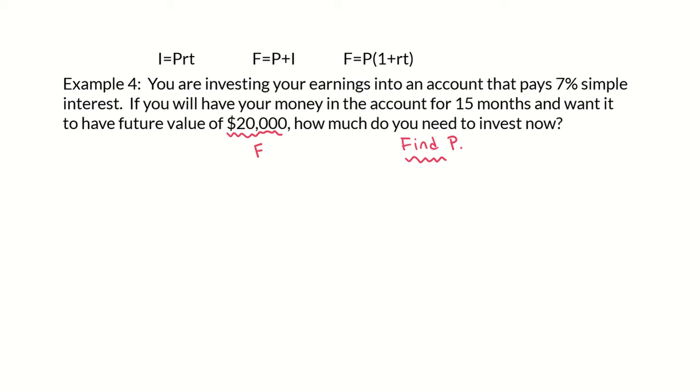The other information that we have is that our money will be in the account for 15 months. Again, we want time in years, so the time is going to be 15 over 12, or 1.25. And the rate is 7%.